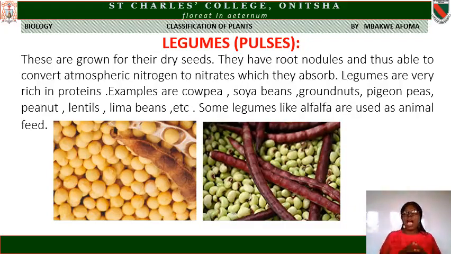Those bacteria are able to absorb the free nitrogen of the air and use it to produce nitrate, which is ready-made food for the plants. Now, the examples of these food include the cowpea, soyabeans, groundnuts, and the rest of them.